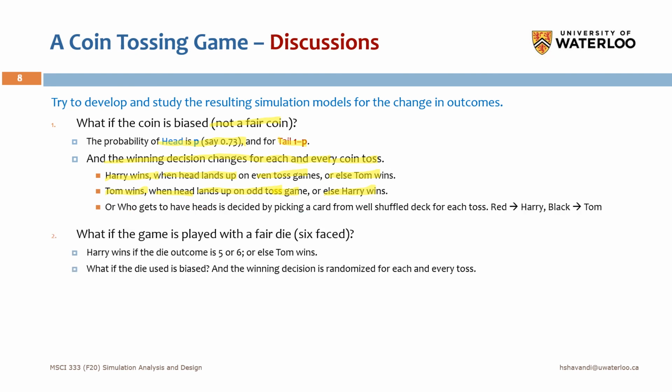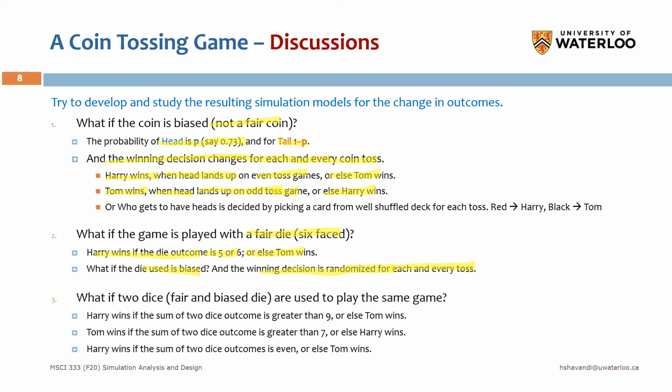Or for example, what if the game is played with a fair six-faced die, and Harry wins if the die outcome is 5 or 6, or else Tom wins? And what if the die used is biased and the winning decision is randomized for each and every toss? Again, a different scenario. Or what if we use two dice, a fair and a biased die, in the game?